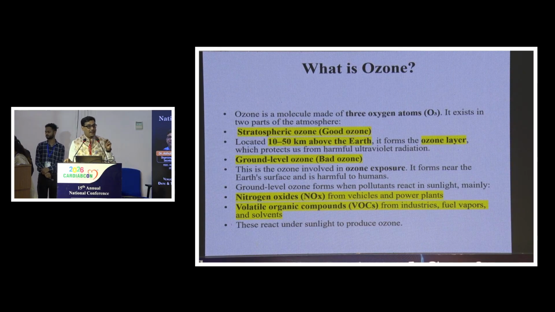Whereas there is bad ozone, that is the ground level ozone. This ozone is involved in ozone exposure. It forms near the earth surface and is harmful to humans. The ground level ozone forms when pollutants react in sunlight, mainly nitrogen oxides from vehicles and power plants, and volatile organic compounds or VOCs from industries, fuel vapors and solvents.